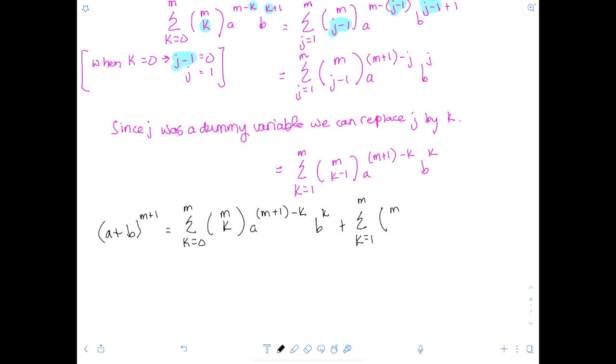And then we had the m choose k minus 1, a raised to the m plus 1 minus k, and then b raised to the k. Groovy?